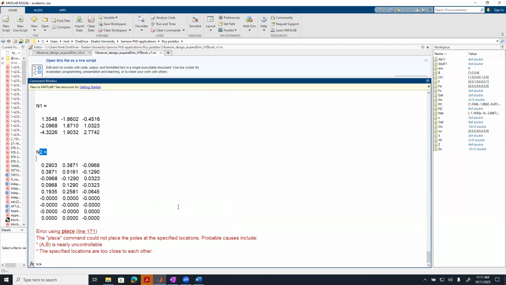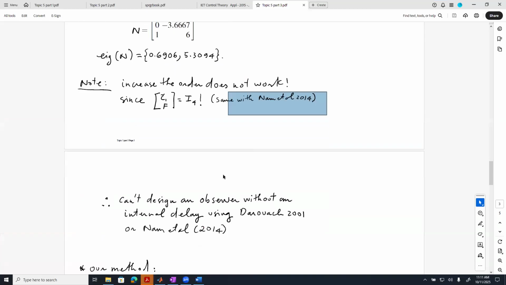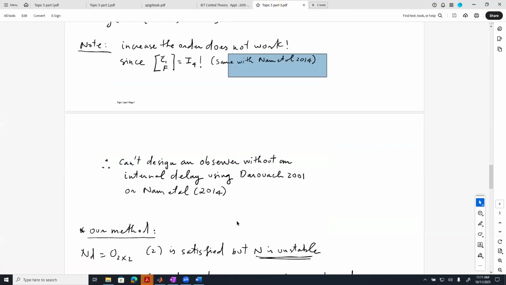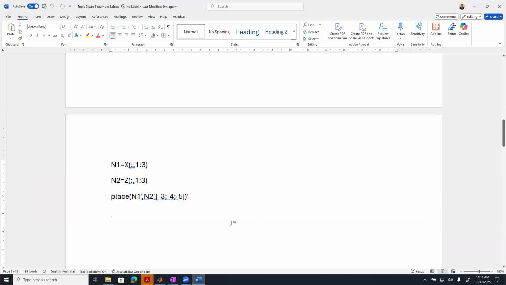So in other words, we still face the problem that the design of an observer of third order without internal delay also does not exist, because this is not observable. When we look at placing the poles somewhere, it's not possible because it's not observable, or not even detectable as well.